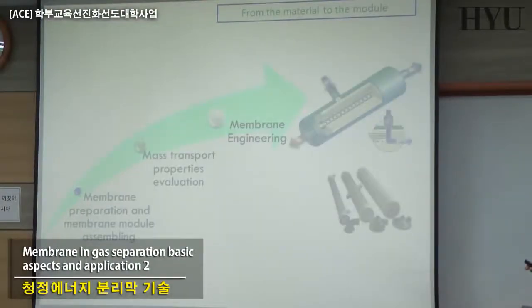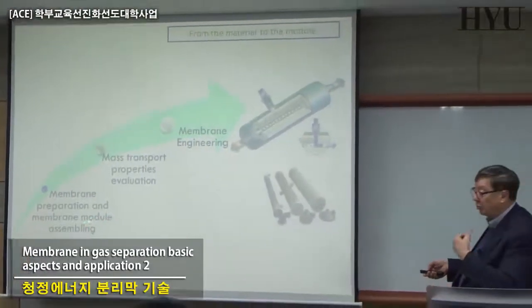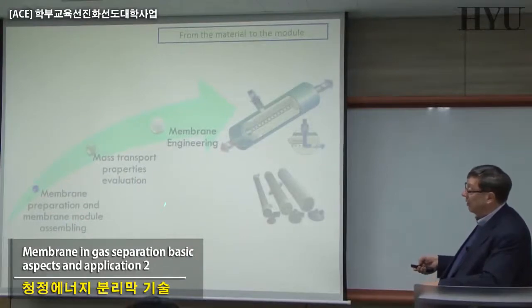And the projects that are going on are normally integrated projects. That means people are not just working on the separation. They start from making membranes, like the project in Europe: we start by making membranes, characterizing these membranes, producing the module, and operating the system.